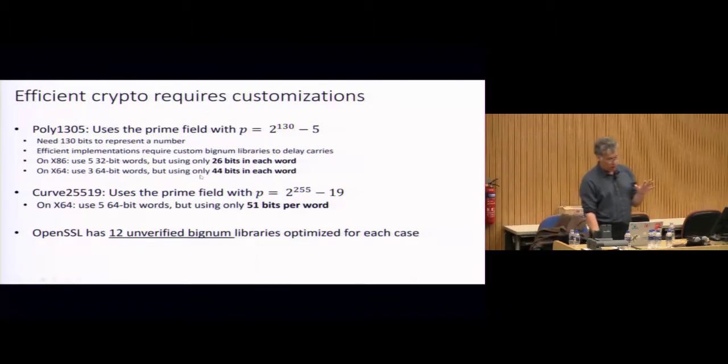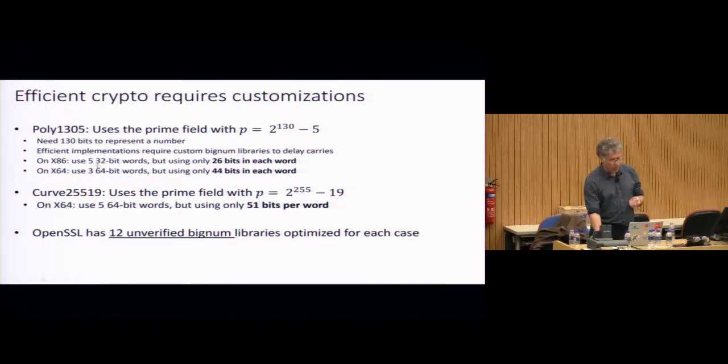Fundamentally, there's a lot of variability because of the different types of crypto you have and their requirements. So the efficient implementation, for example, of Poly1305, which uses a prime field with P being this prime, needs 130 bits to represent a number, but there are various requirements on the bignums and the way you use bits in each word.